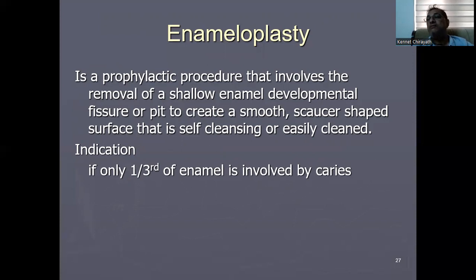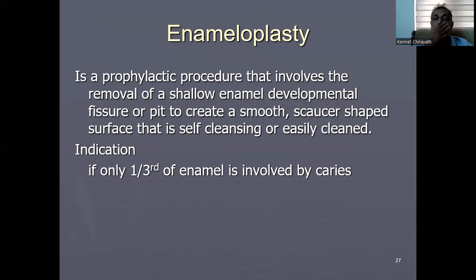If it is more than 1/3 the thickness of the enamel, we will include it in the cavity preparation. You understand?